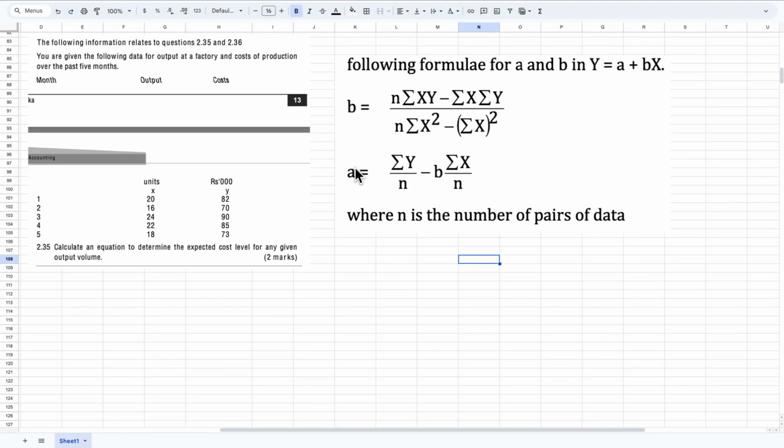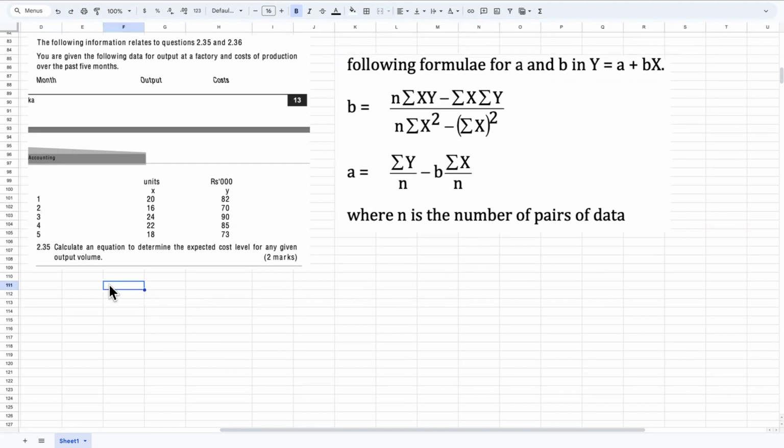There are no hard rules here to understand. What we need from this formula: we need sigma xy, sigma x, sigma y, sigma x squared, and sigma x fully squared, right? Then sigma y, sigma x, n. We know there are 1, 2, 3, 4, 5 pairs of data of x and y. So n is 5.